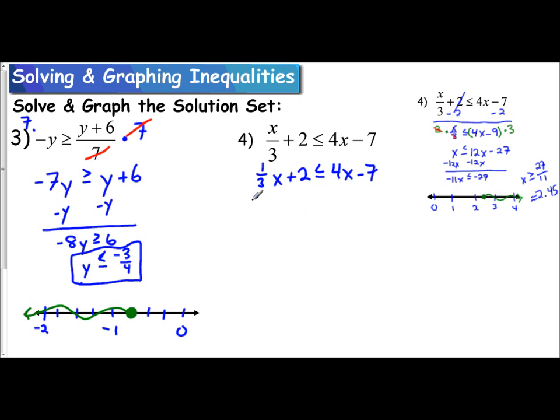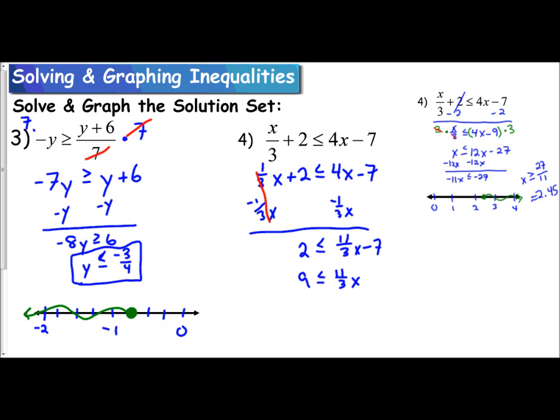Then what I can do is subtract 1/3 x from both sides. That allows me to bring the variable over to the other side. So I'm left with 2 is less than or equal to 11/3 x minus 7. Add 7, so 9 is less than or equal to 11/3 x.